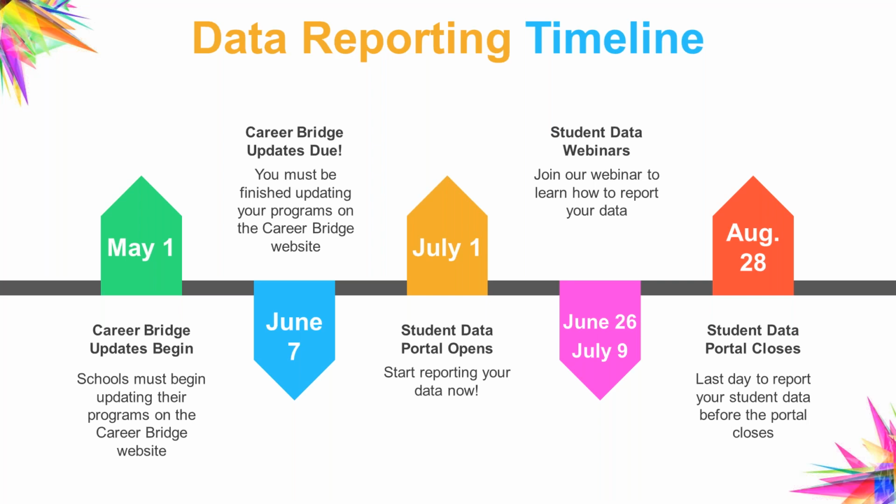We started sending out email blasts in May reminding everybody to get their programs updated, and we asked you to have them done by June 7th. Then we sent out another email on July 1st letting you know that the student data portal is open, and we will keep sending intermittent reminder emails as we go through the process.